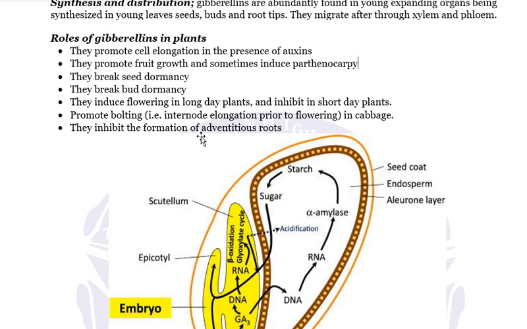Also they inhibit the formation of adventitious roots. Kama tulivyosema, this effect is opposite to the auxins. Auxin yenyewe inapromote the development of adventitious and lateral roots, but the gibberellins tend to inhibit such kind of development.